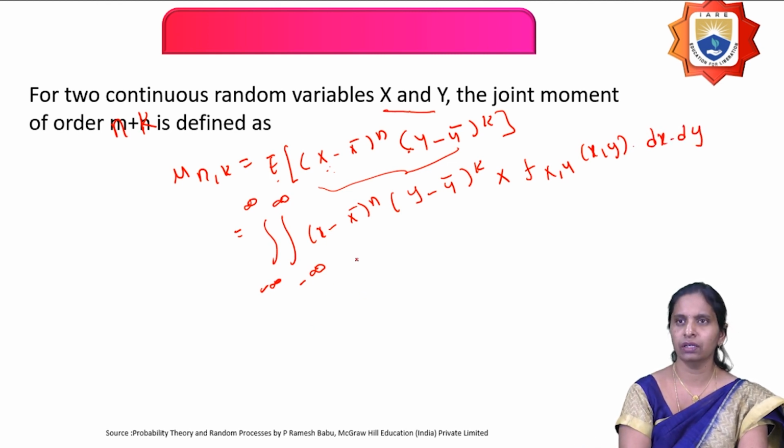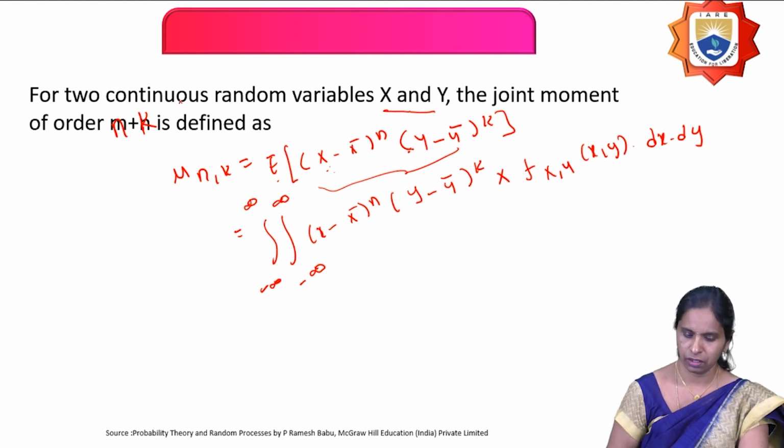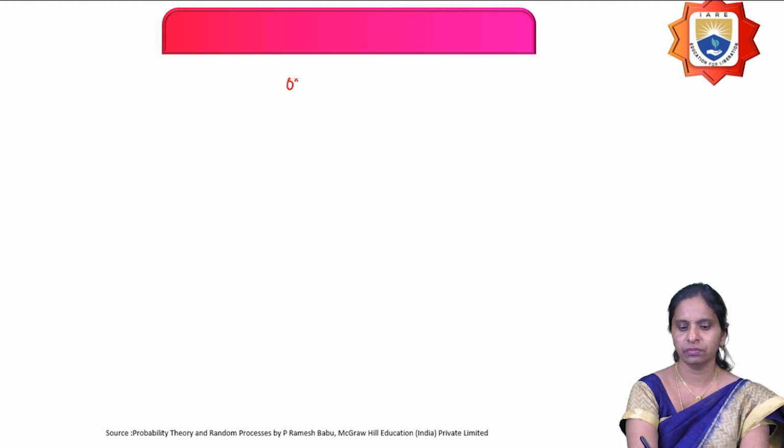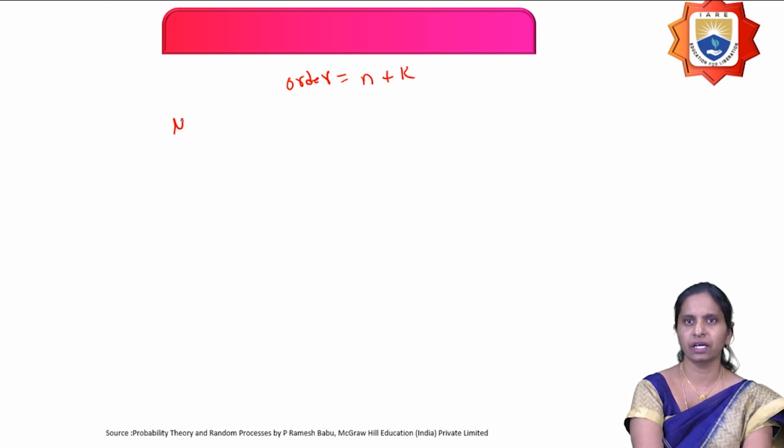Therefore, this is the n plus kth order joint moment about the mean for two continuous random variables. Now, what is the order here? The order of these joint moments is nothing but n plus k.